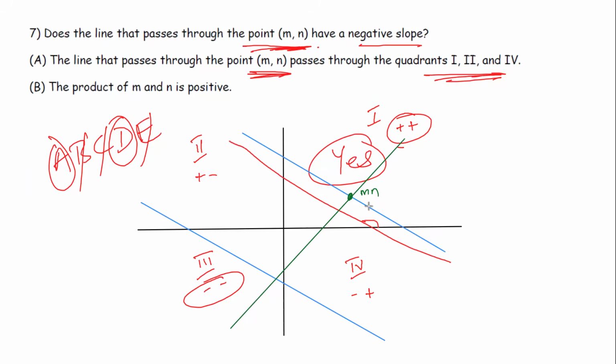So this green line, with a positive product Mn, has a positive slope, and with the blue line out here, I'm showing you it has a negative slope. And similarly, if the point Mn was here, let's say, I could very well draw another line like this, passing through Mn out here.